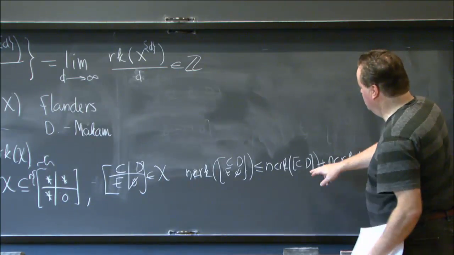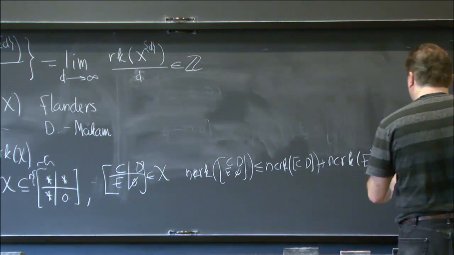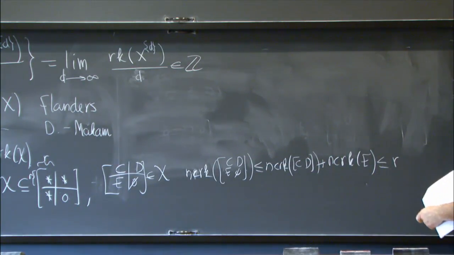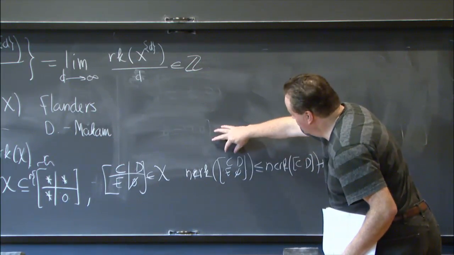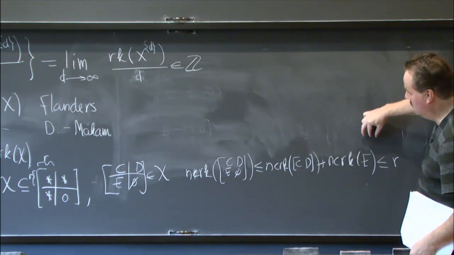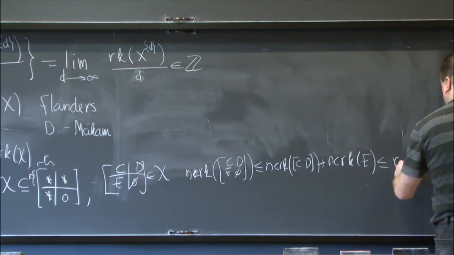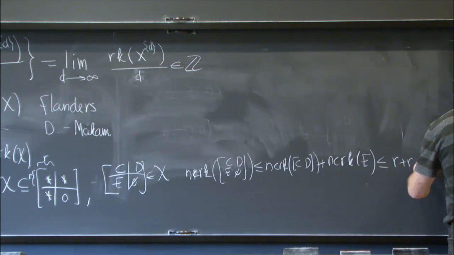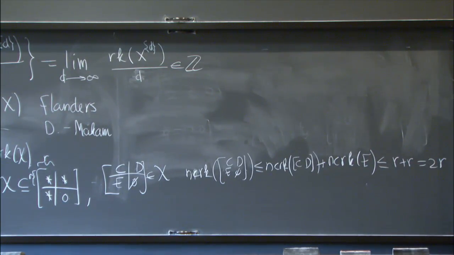The non-commutative rank of this matrix is at most R, and this E has only R columns, so that also has non-commutative rank at most R. So we get 2R. That's Flanders.